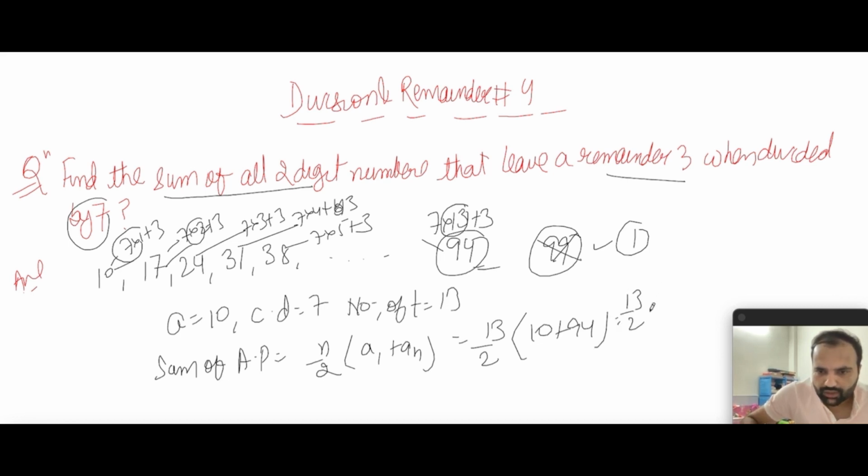So we have 13 by 2 into 104. If you divide 104 by 2, we get 52, so 13 into 52, which is 676. This should be the answer.